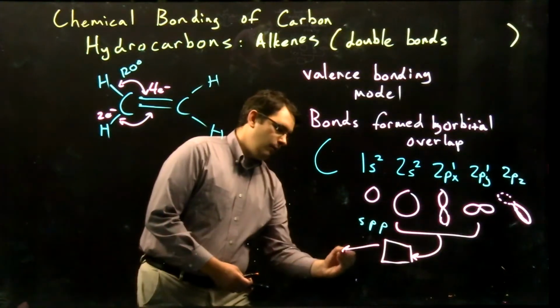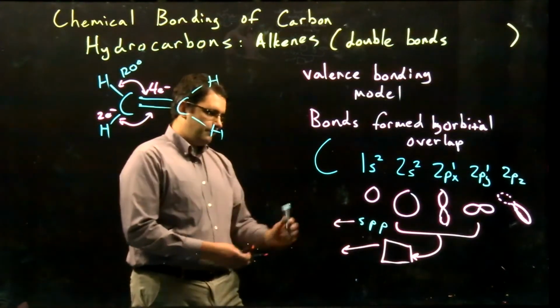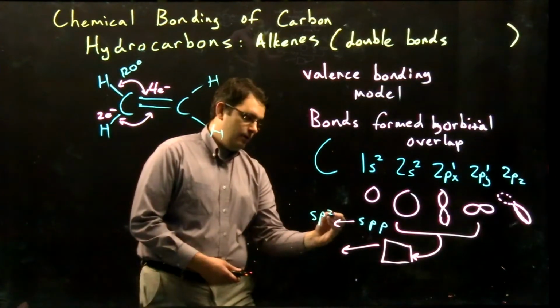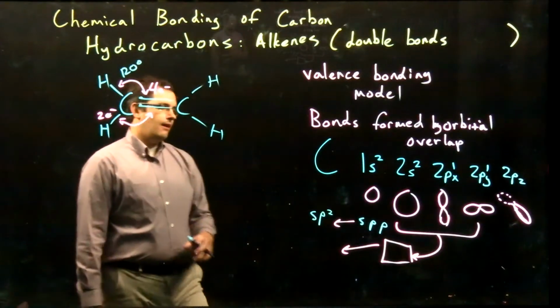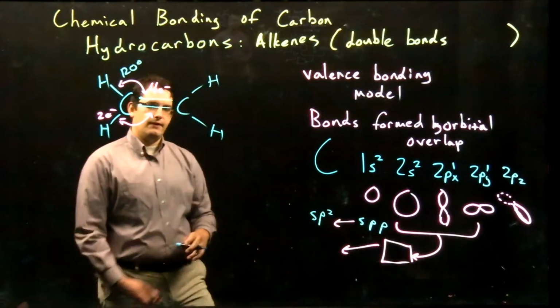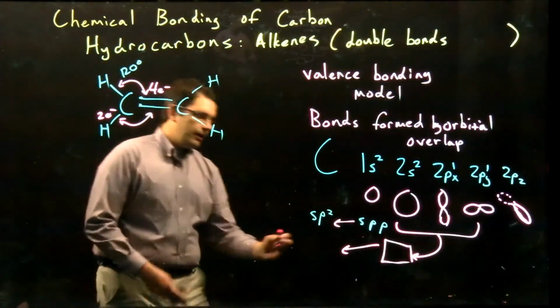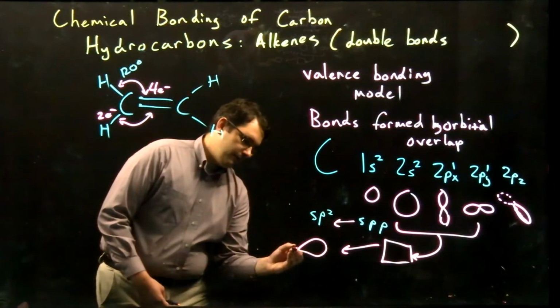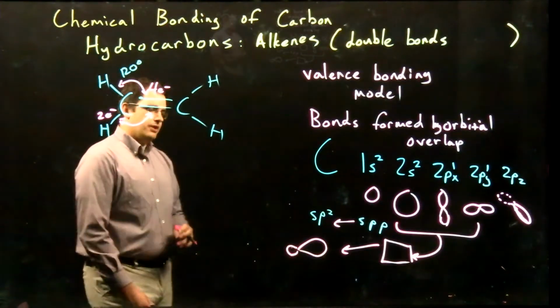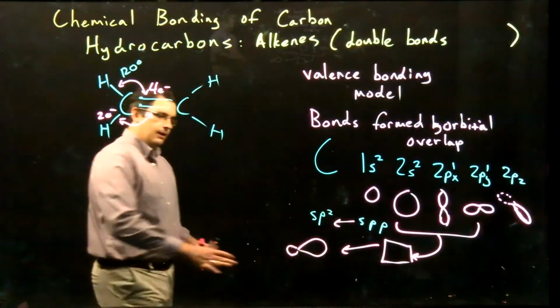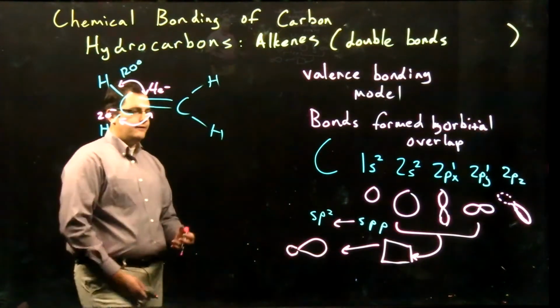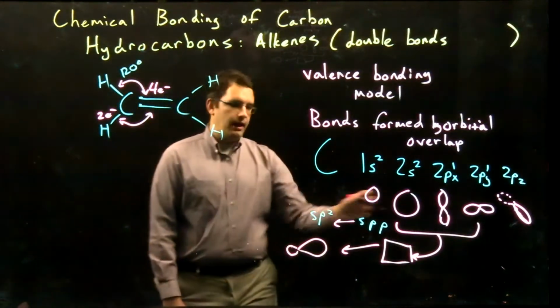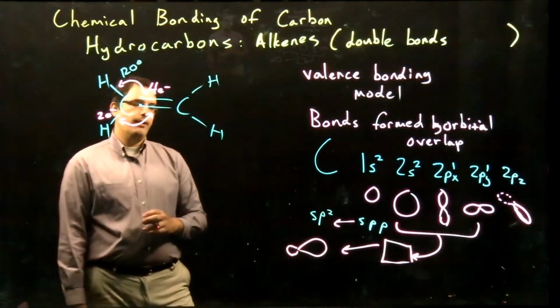SPP, well that would mean sp2, right? The 2 is indicating that we're mixing 2 p orbitals together along with our 1 s orbital to make these new orbitals. And they're going to look similar to our sp3 orbitals, right? It's still going to be that same general thing of a big lobe and a small lobe, sort of like a p orbital, but then that asymmetric shape is due to that s character that we're adding in there as well.